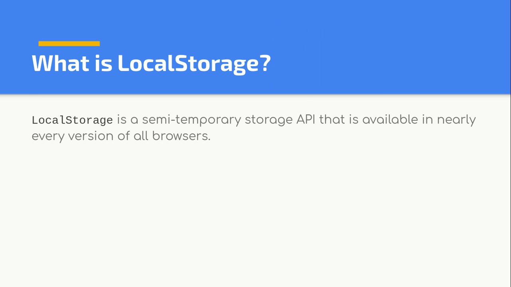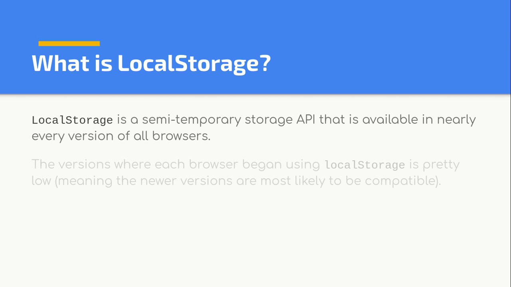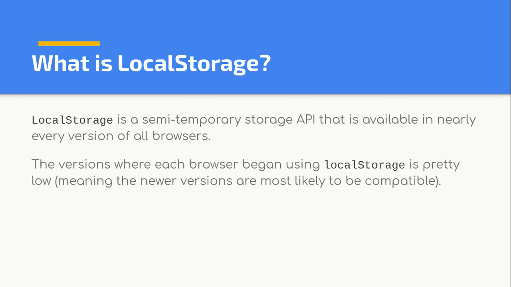So, what is local storage? Local storage is a semi-temporary storage API that is available on nearly every version of all browsers. The versions where each browser began using local storage is pretty low, and that means that the newer versions are most likely going to be compatible with it.